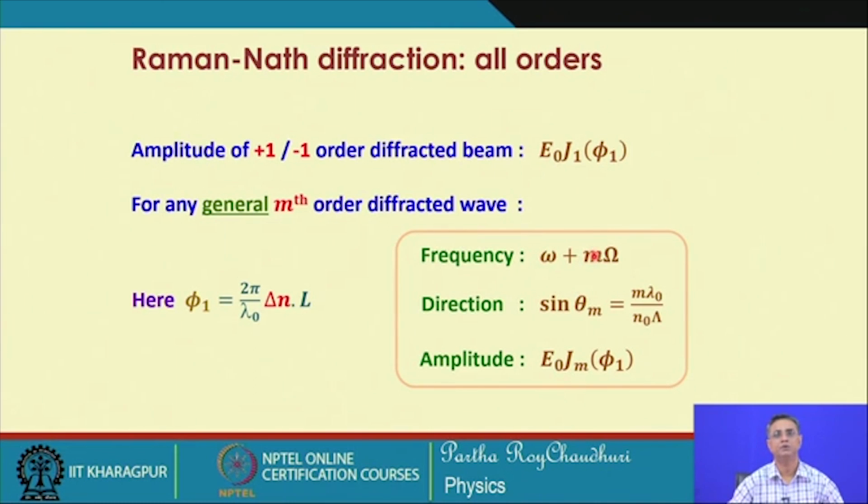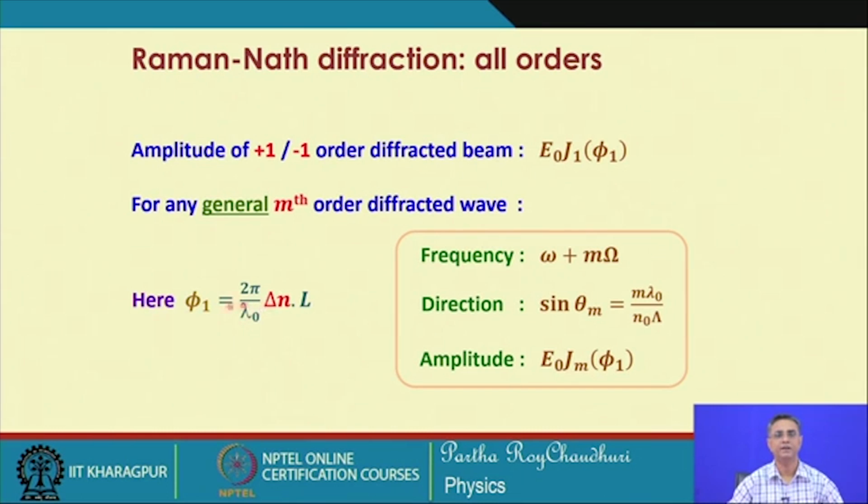M equal to 1, 2, 3 will give you the frequency upshift, or it could be minus also for the frequency downshift. Theta will come from here, amplitude will come from here. We just have to replace this m by the corresponding order number of diffraction, and this phi 1 is equal to this.